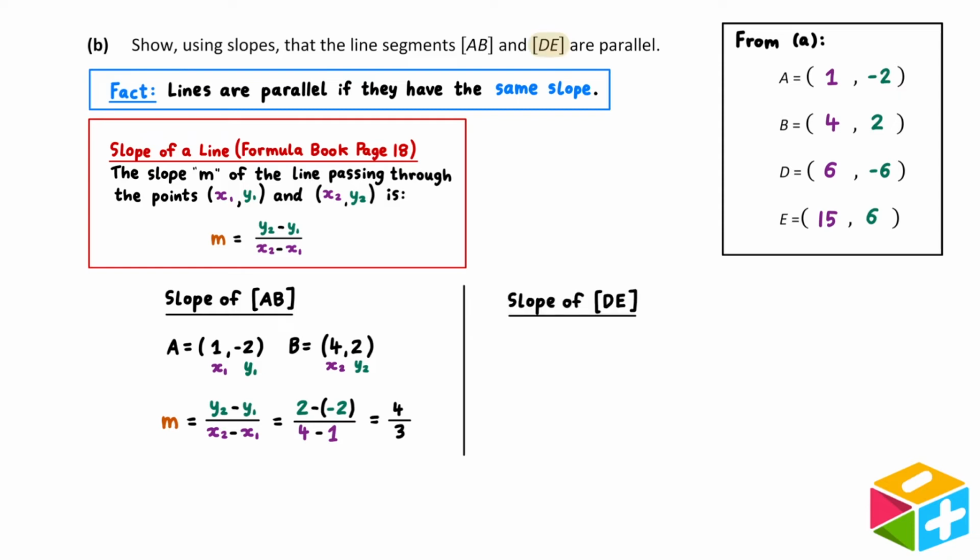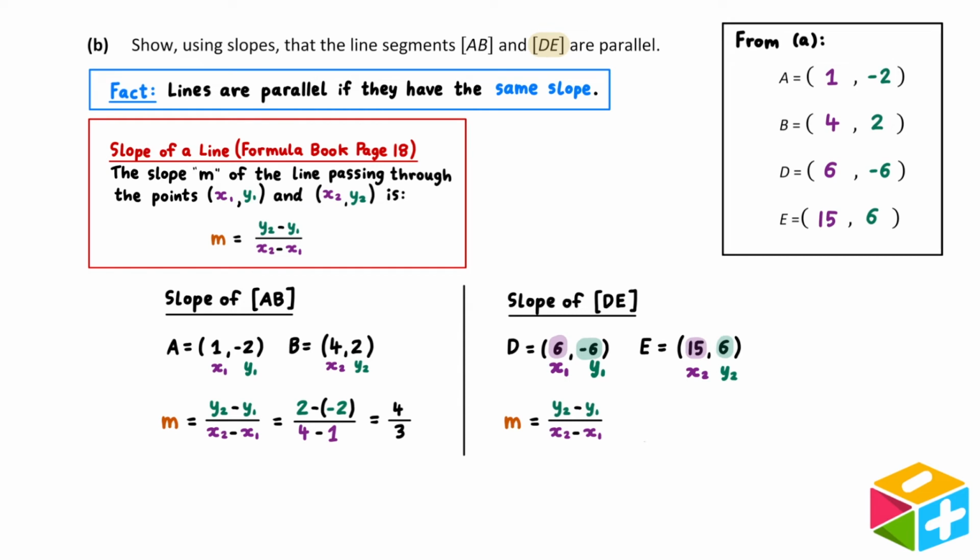Now for the slope of DE. From the previous part of the question, we know that D is equal to (6, -6), and E is equal to (15, 6). We'll label our first point D with (x1, y1), and label our second point E with (x2, y2).